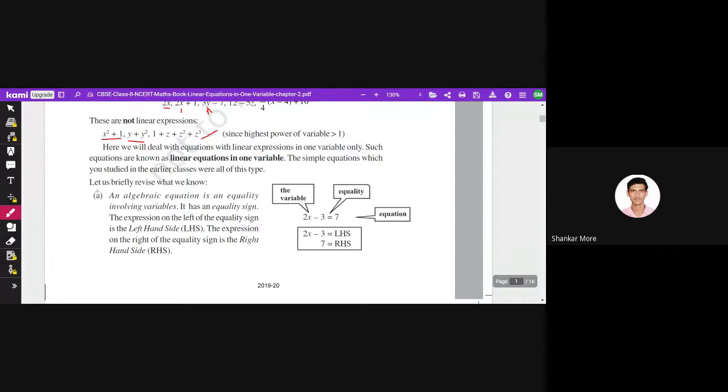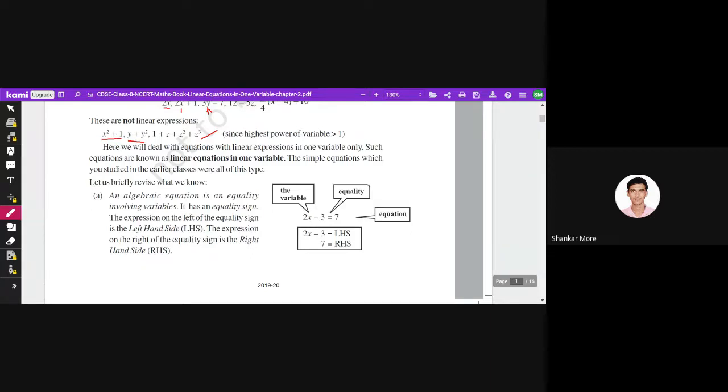Now here we deal with equations with linear expressions in one variable only. In this chapter particularly, we are going to deal with equations which have a linear expression in one variable. We see non-linear expressions also, and we know there are expressions or equations in two variables or more than two variables, right?